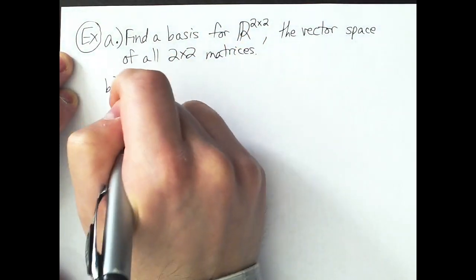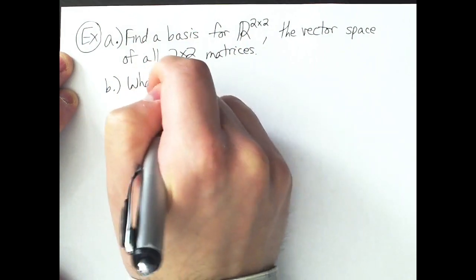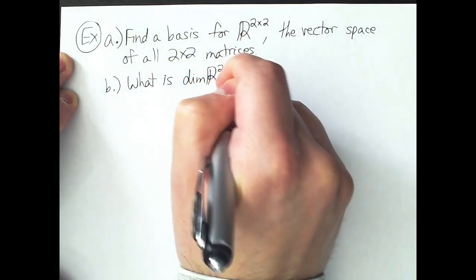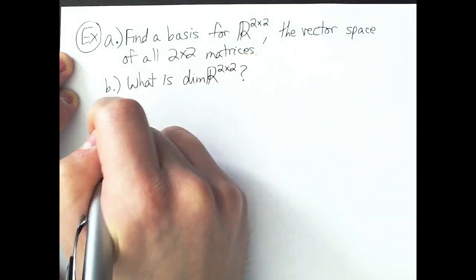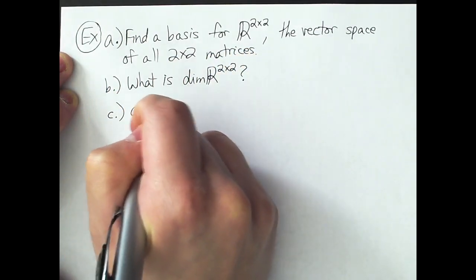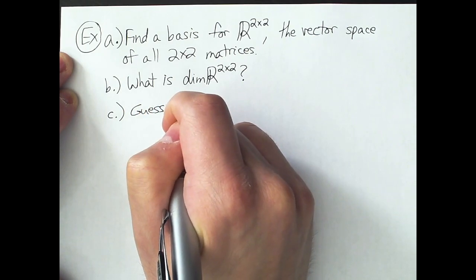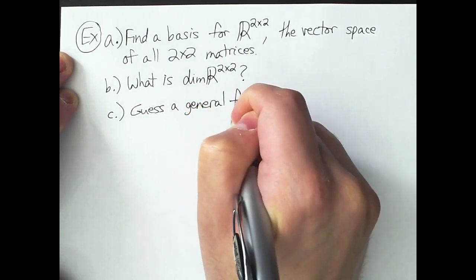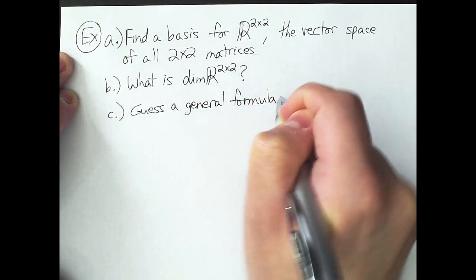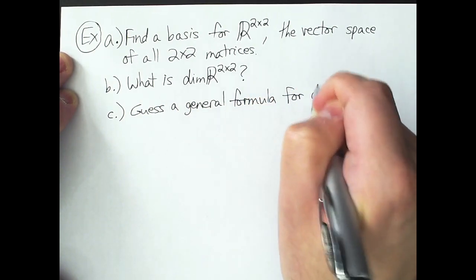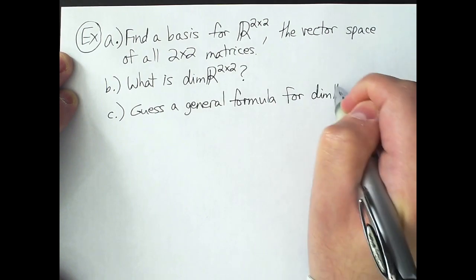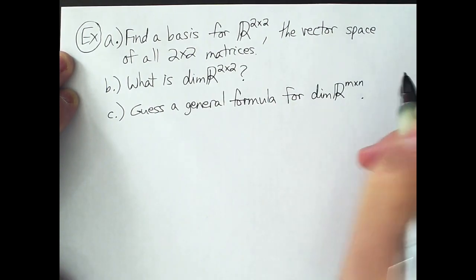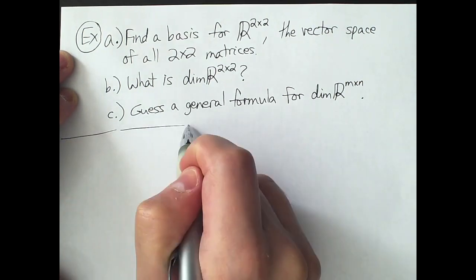Part B, what is the dimension of R 2 by 2? And part C, I'd like you to guess a general formula for the dimension of R m by n. So I'd like you to pause the video, take a few minutes, and try to do all 3 of these.